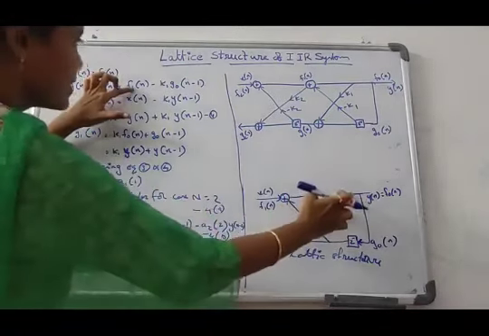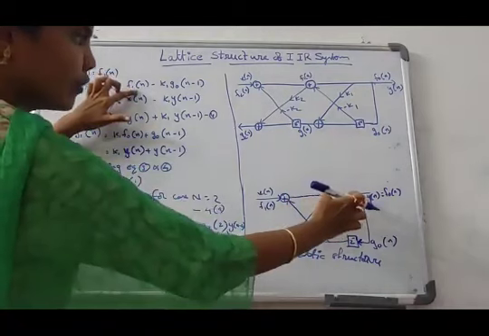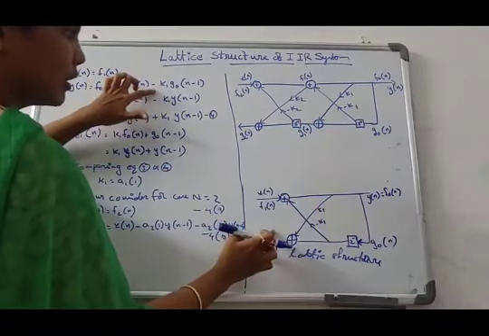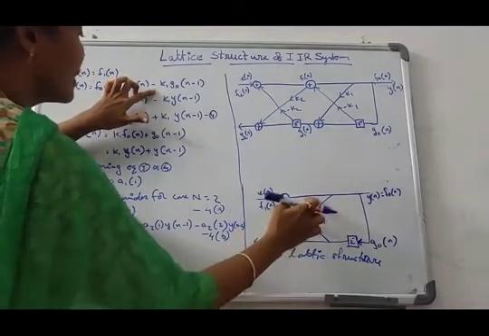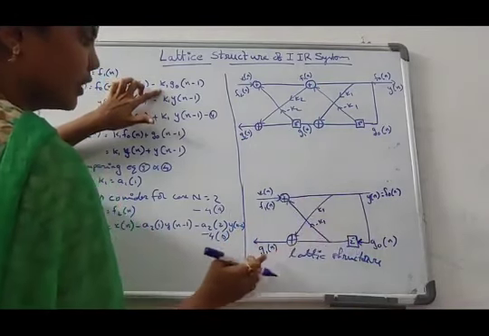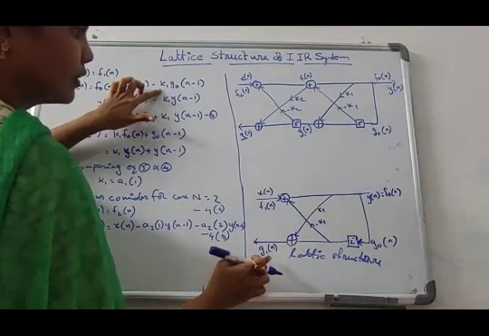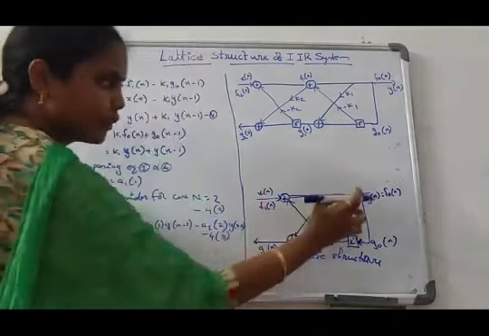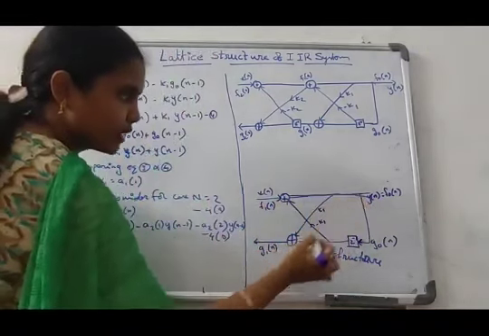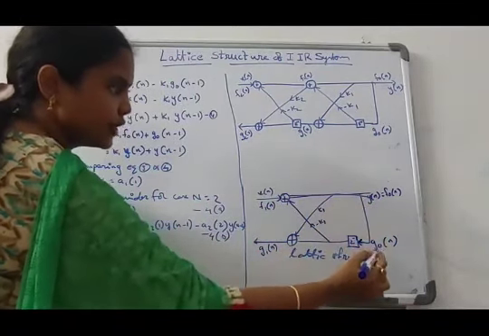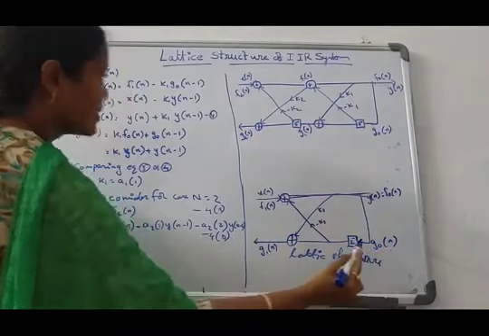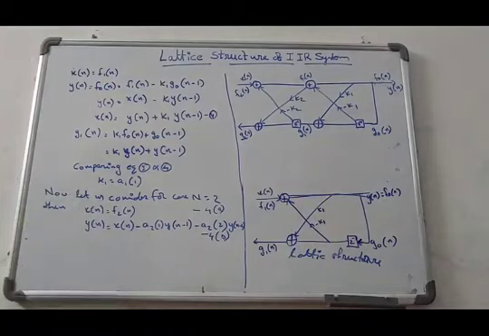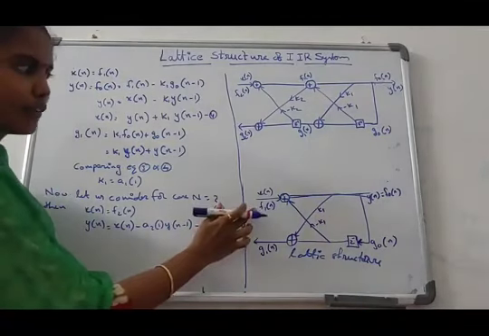One input is f_1(n), and the other one is g_0(n minus 1) into minus k_1.